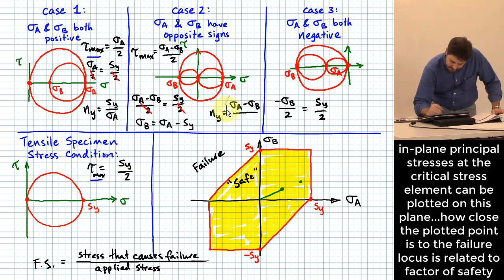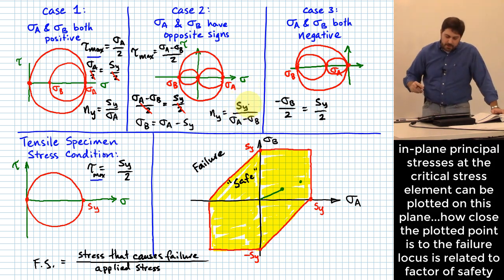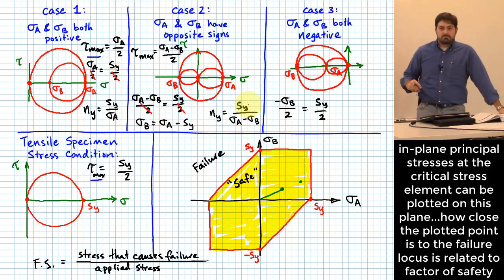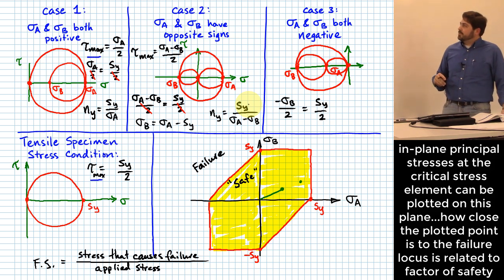SY in the numerator, sigma A minus sigma B in the denominator. Easy stuff, right? I'm sure we will grow to love this. Okay? All right, so let's get into our example problem.